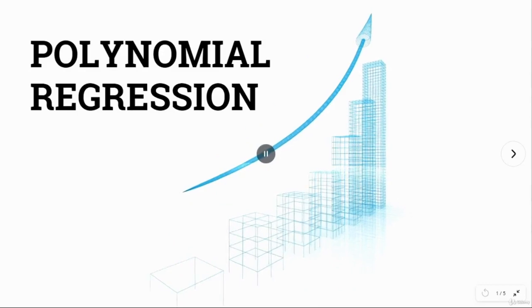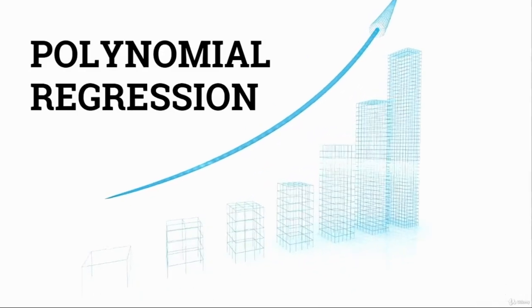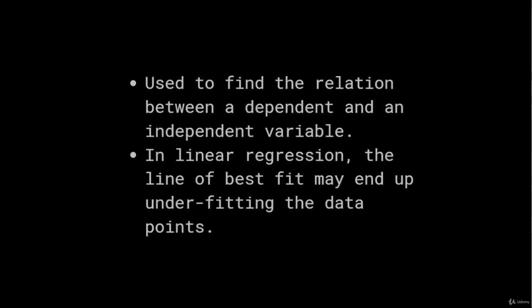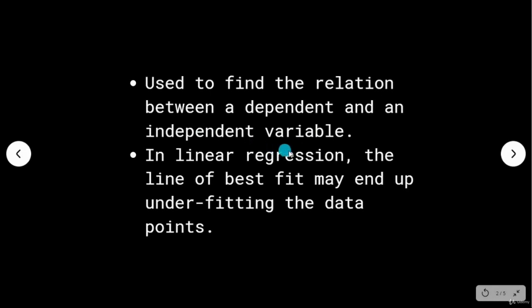The next regression model that we'll be studying is polynomial regression. Just like linear regression, a polynomial regression model is used to find the relation between a dependent and an independent variable.